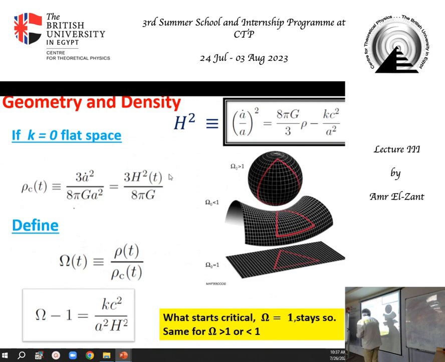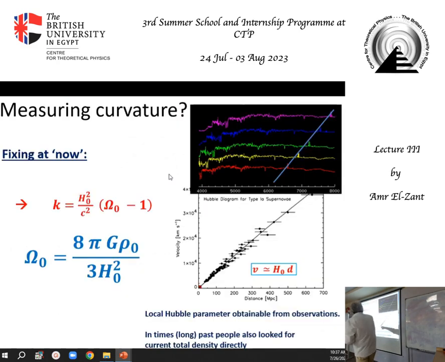So they tried to find the Hubble constant, and the density in the universe, to see if omega was greater than 1, ball universe, less than 1, saddle universe, 1, flat Euclidean space. Not space-time. Space-time is always curved because of the dynamics. Okay?